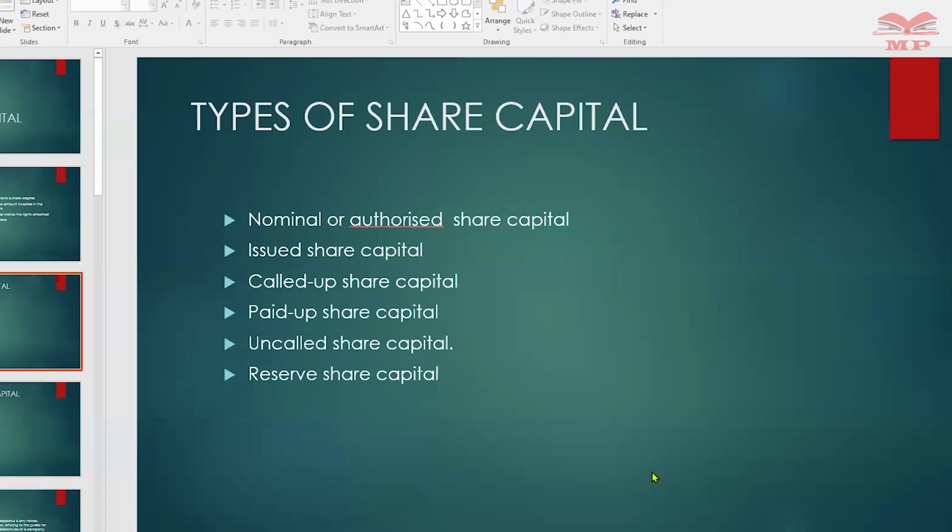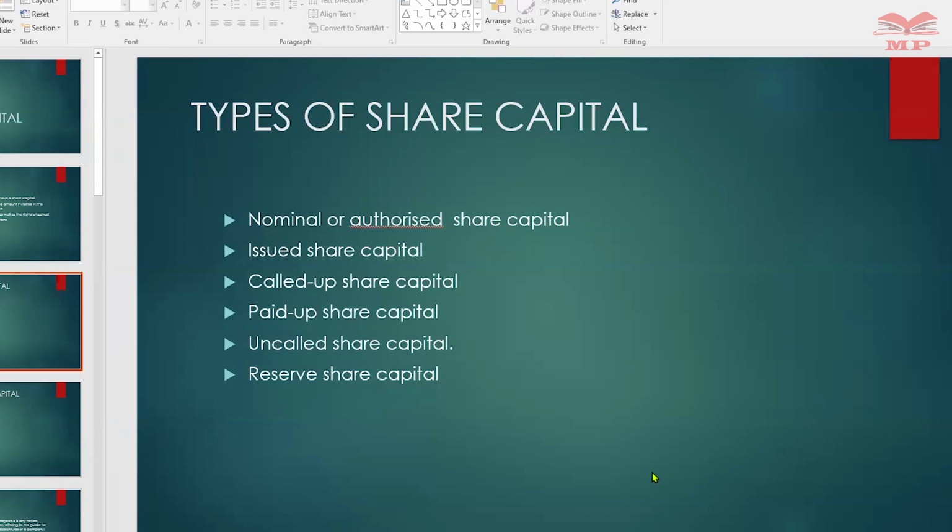Then we come to the concept of issued share capital. Some or all of the nominal capital must be issued in return for cash or the transfer of non-cash assets. What is more important is not the nominal.